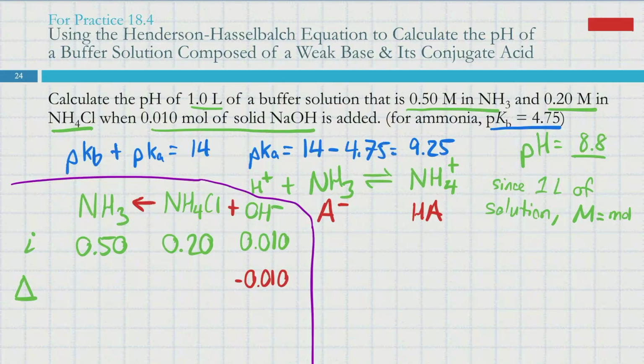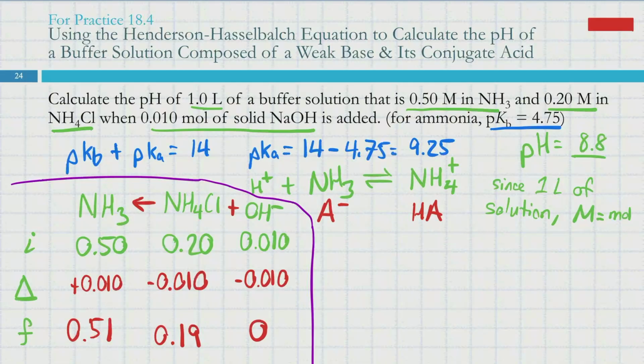So we're going to use up our hydroxide, reacting it with our ammonium chloride, and that's going to produce some of our NH3. So we get those change values. And then our final values are going to be 0.51, 0.19, and 0.